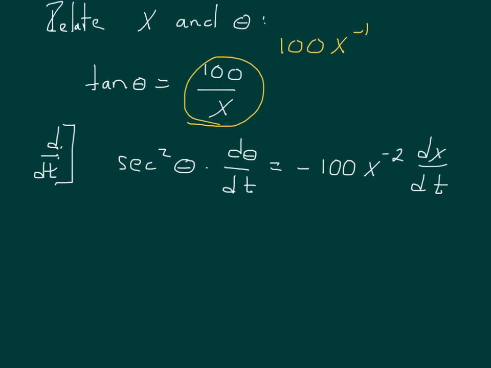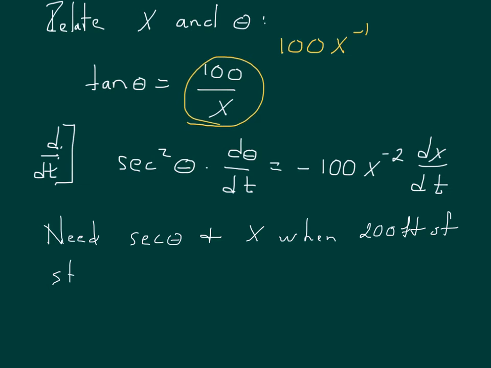So we need secant theta and x when 200 feet of string is out. And for this, let's draw ourselves a picture.